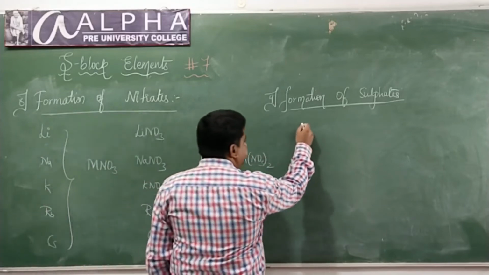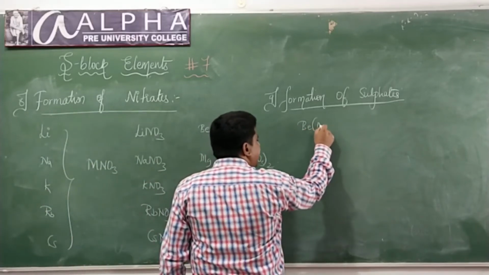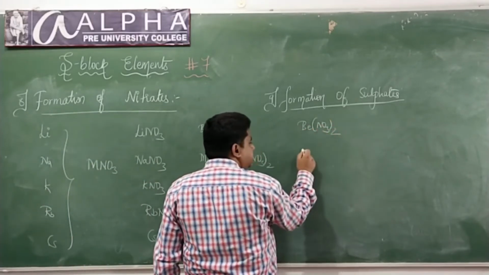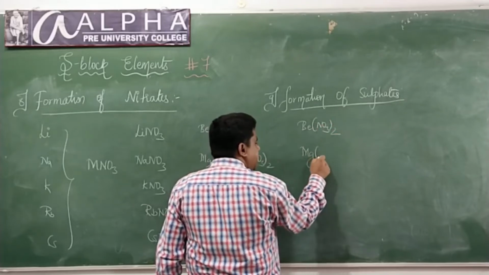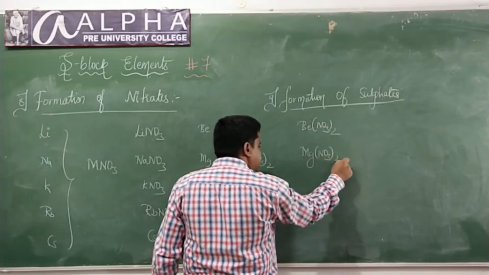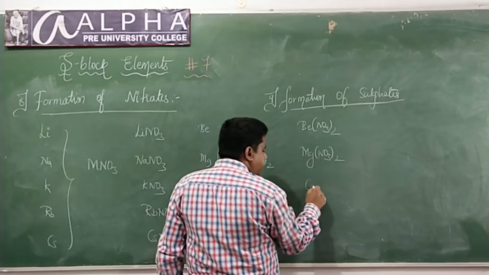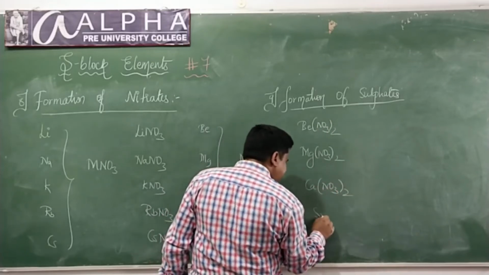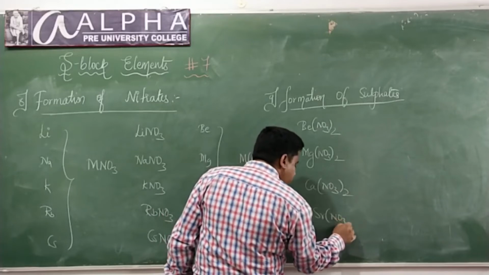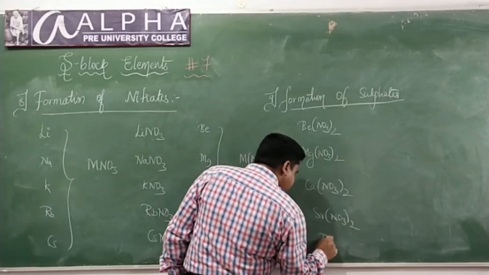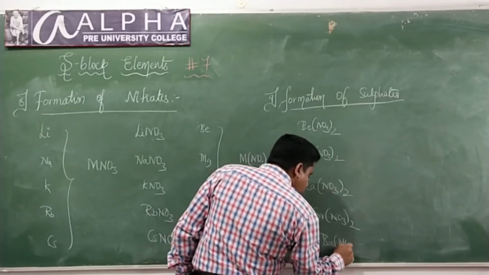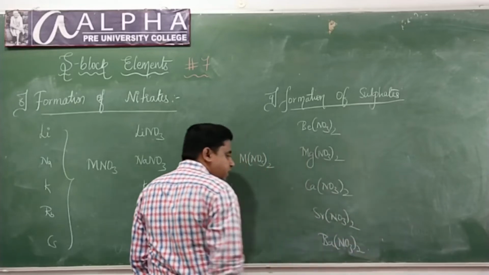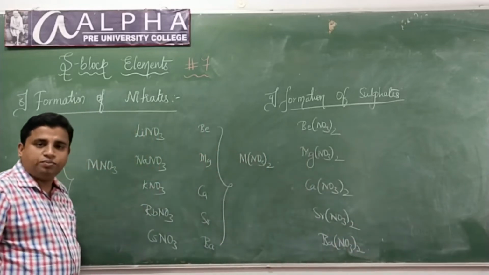For example, beryllium nitrate Be(NO3)2, magnesium nitrate Mg(NO3)2, calcium nitrate Ca(NO3)2, strontium nitrate Sr(NO3)2, and barium nitrate Ba(NO3)2. Understood?